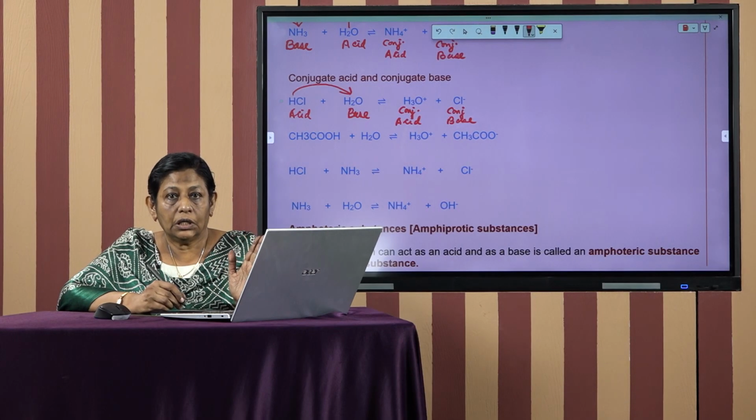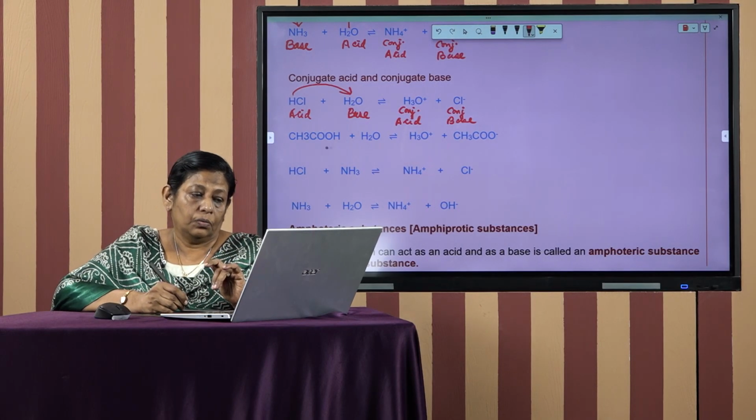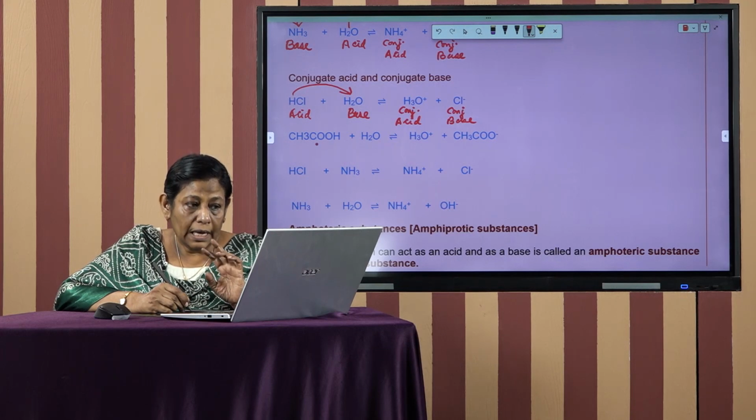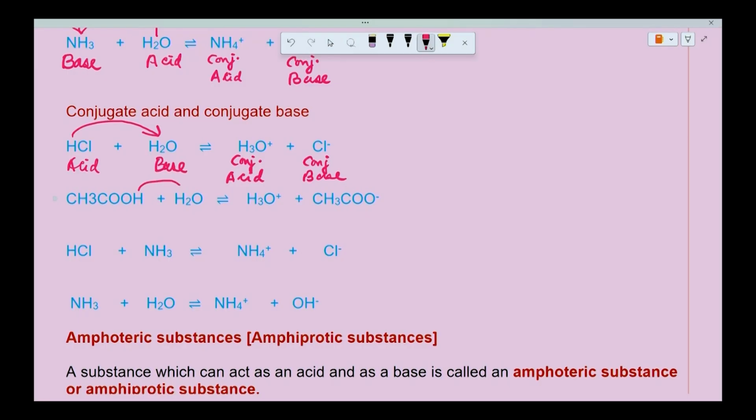If you check, you can see they differ by a single proton. Now, take the case of acetic acid. Acetic acid donates a proton to water. You have H3O plus, again the conjugate acid, and acetate ion will be the conjugate base, and here acetic acid acts as an acid and water acts as a base.